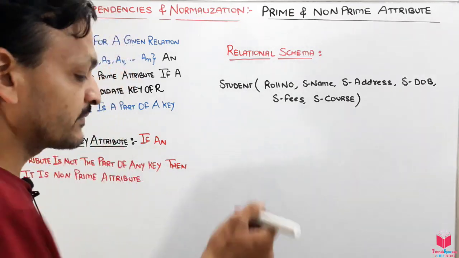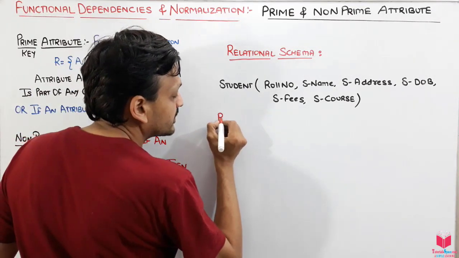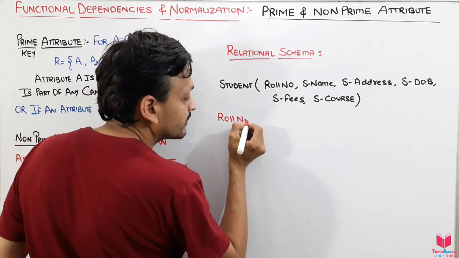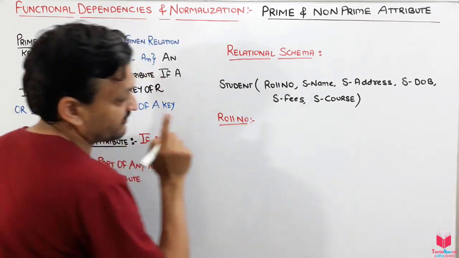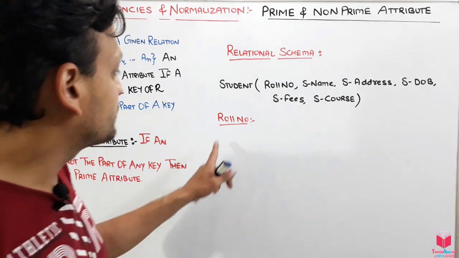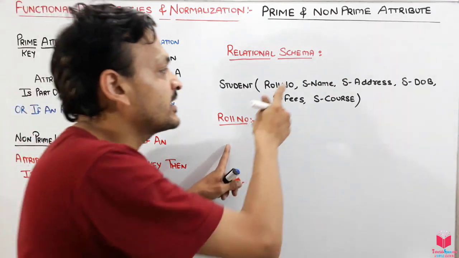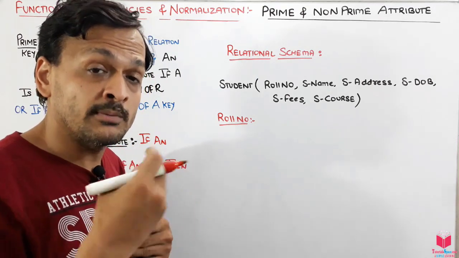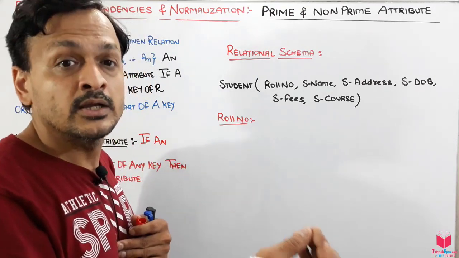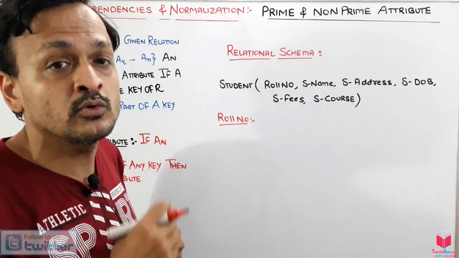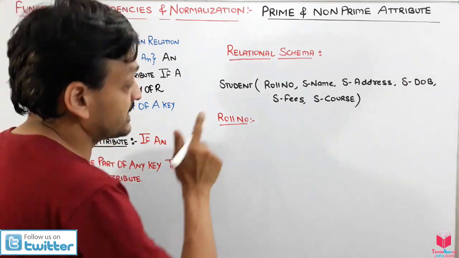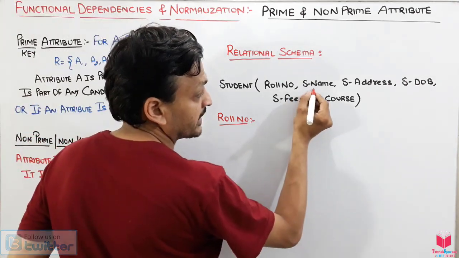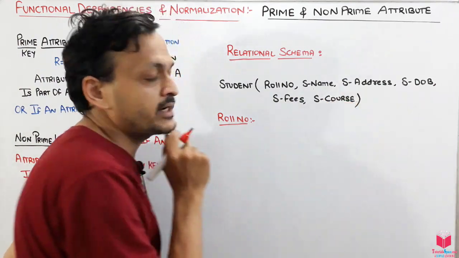Let's take an example. There is a roll number. Think about it: from this roll number, can I uniquely identify a student name? Yes, if I say roll number 6, that means I am talking about a particular student. Only one roll number can be allotted to one student, so yes, I can identify the student name. Can I identify the student address?